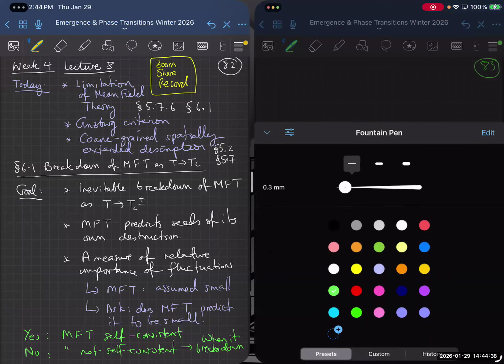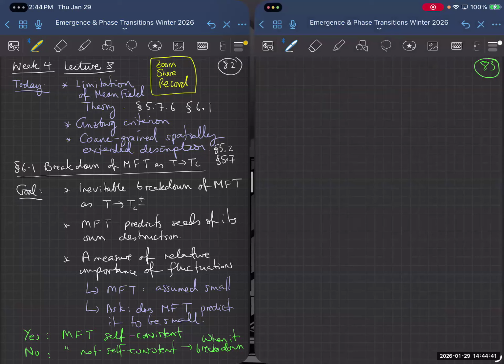So just to remind you, when we derived mean field theory, we wrote down the Hamiltonian exactly as minus the sum over i of h_i s_i, and this effective site-dependent field h_i was equal to the external field plus the sum over j of s_j J_ij.